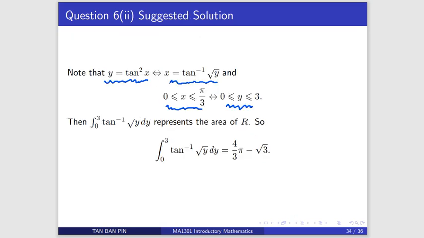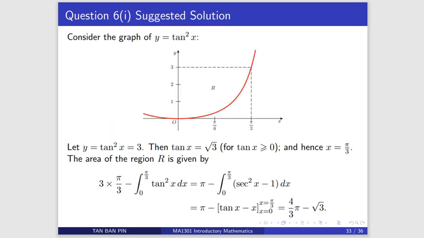So with that, you'll find that the integral from 0 to 3 of tan inverse square root y dy is just the area R. So that's why the integral from 0 to 3 of tan inverse square root y dy should be 4 pi over 3 minus square root 3, the answer of your part 1.